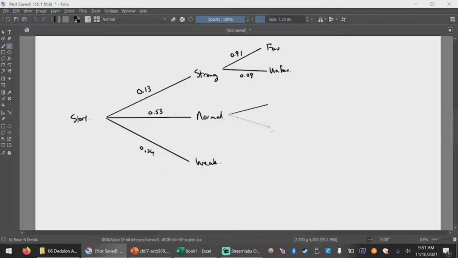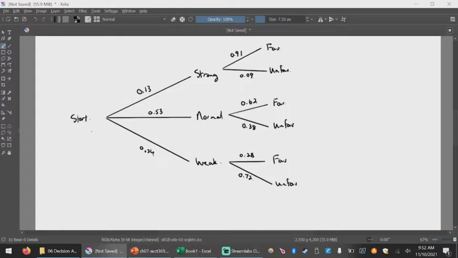If the market was normal, the market survey will still say favorable or unfavorable, but with different probabilities of being correct. In that case, the question says 0.62 and therefore 0.38 for unfavorable. If the market was weak, the market survey will say unfavorable or favorable, favorable with probability 0.28 and therefore unfavorable 0.72. So this is my probability tree, and all these numbers they give me.